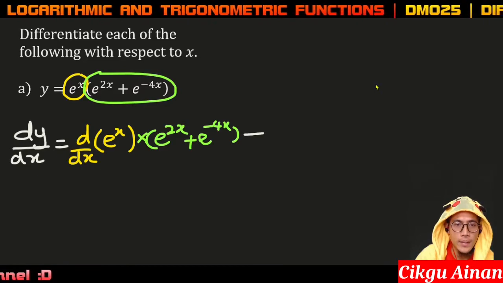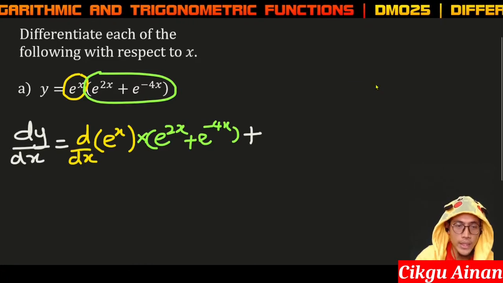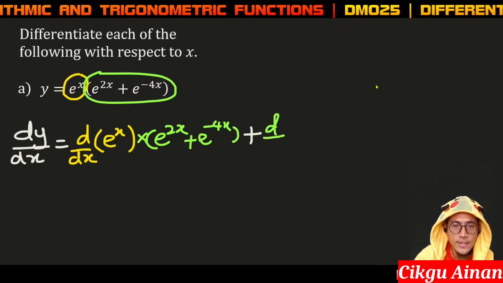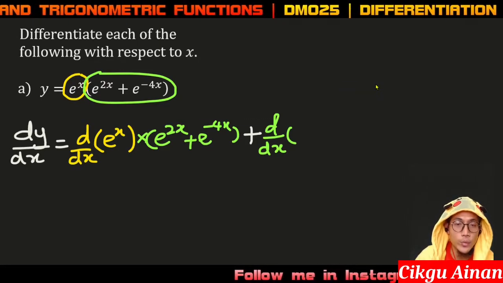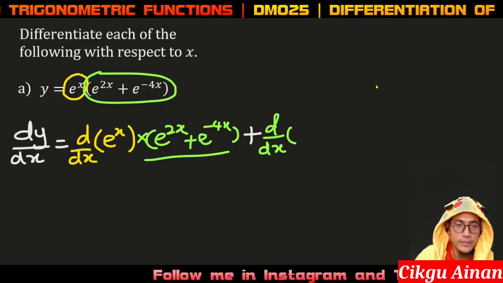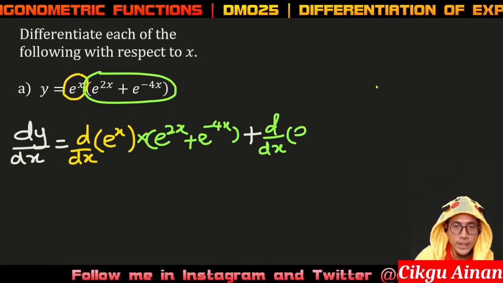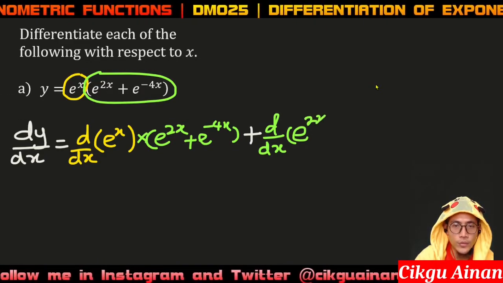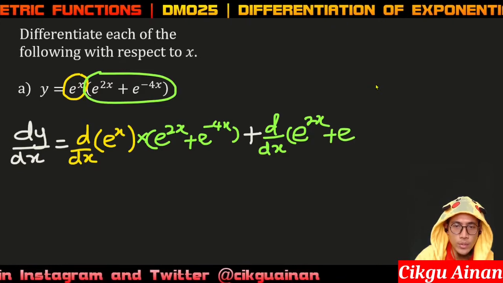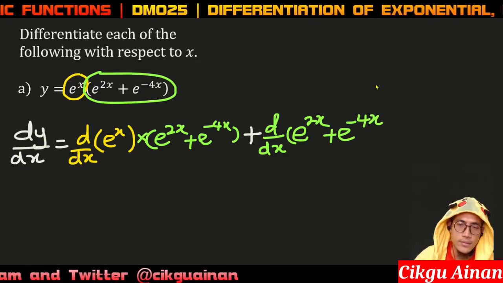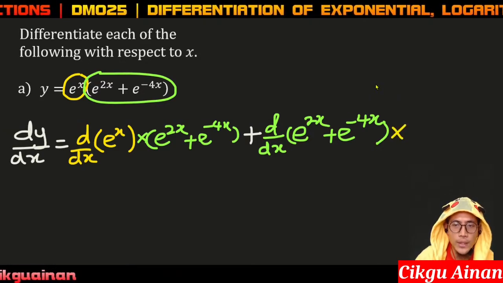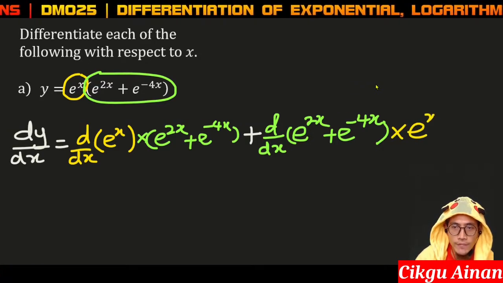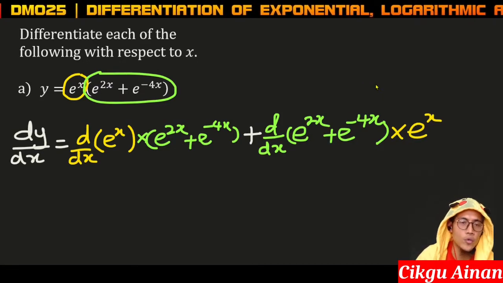And then plus the differentiation of the other, the green one. We haven't differentiated it over here, so this time we differentiate it: e to the power of 2x plus e to the power of minus 4x. Then we close them, and multiply with the one that we differentiated before over here.